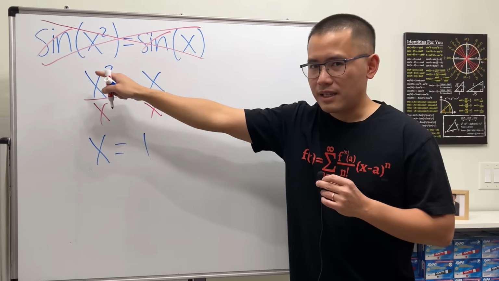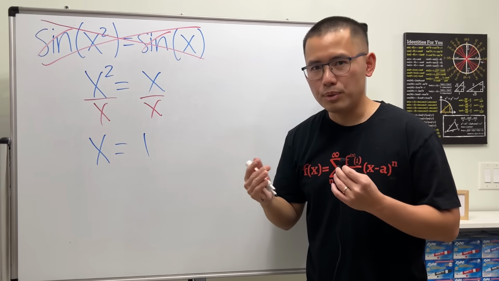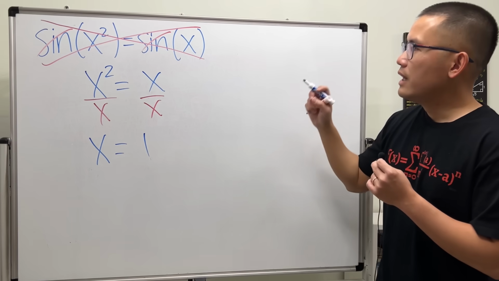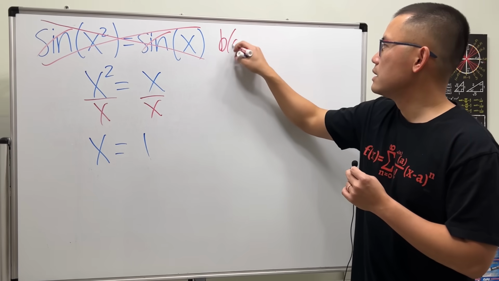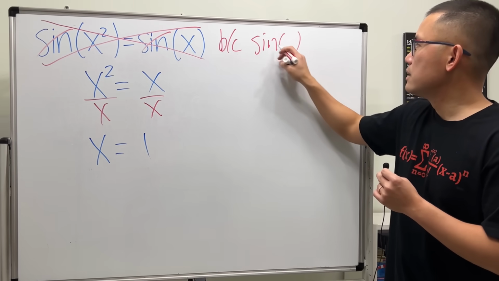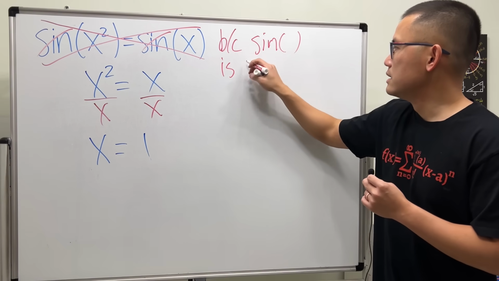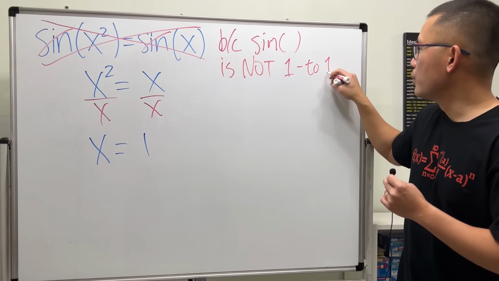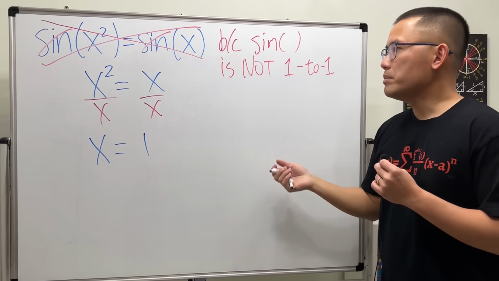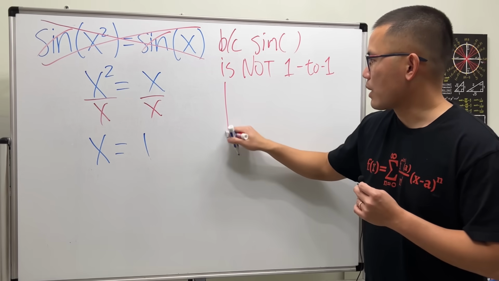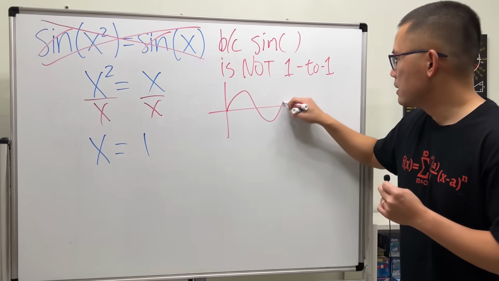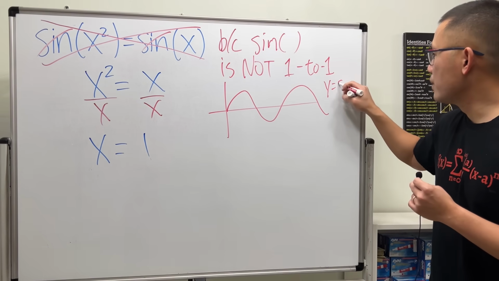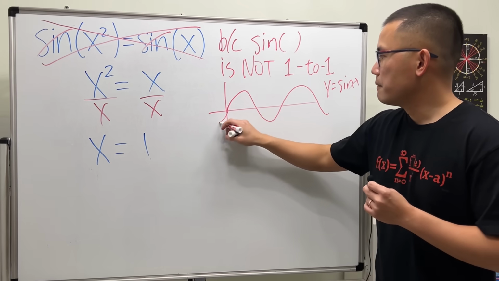Do not cross out the sines, because otherwise you won't be able to get all the solutions. And the reason is because the sine function is not what we call one-to-one. What I mean by that is, if you take a look at the sine graph, it looks like this. This is y equals sine x.